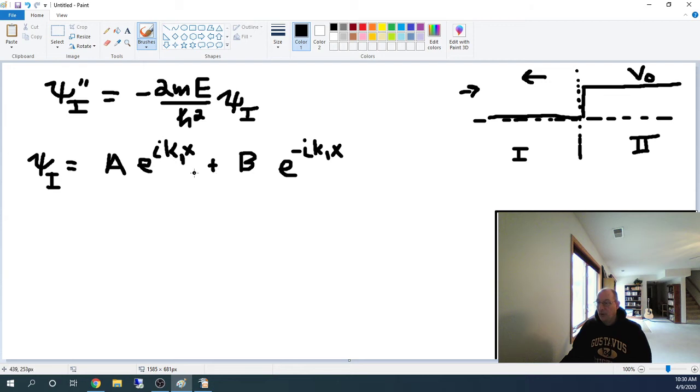Okay, now what's K1? K1 squared is equal to whatever the coefficient was inside of psi 1 without the minus sign. So K1 squared is 2m times the energy of the particle, or the quantum, over h bar squared.